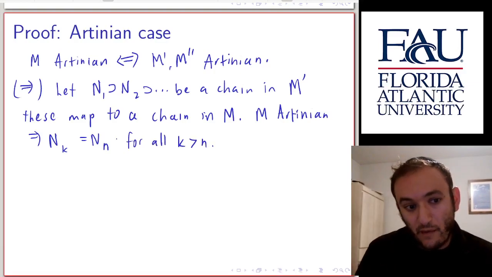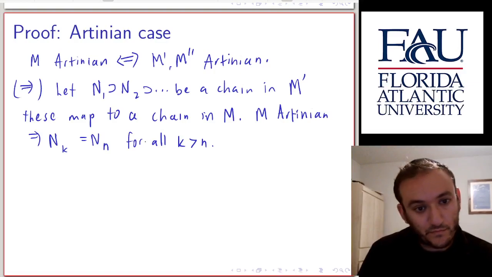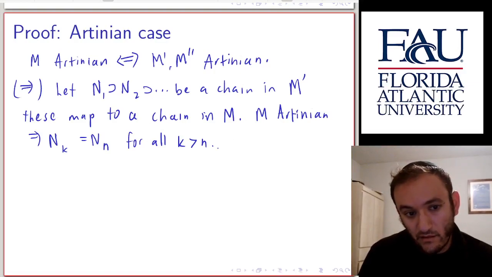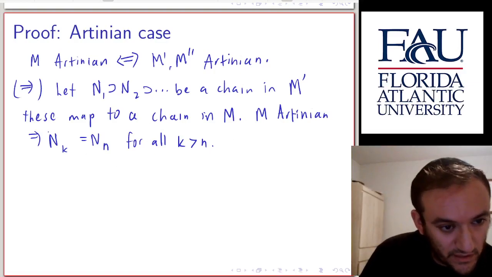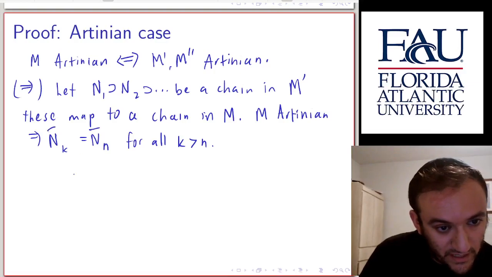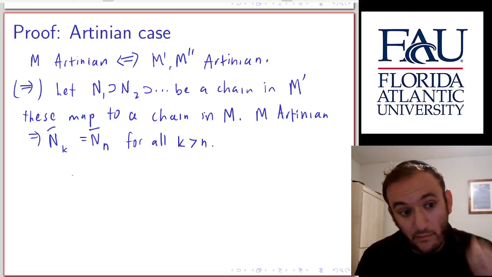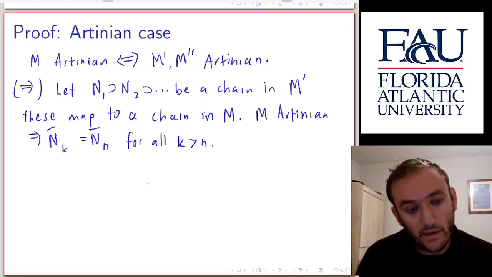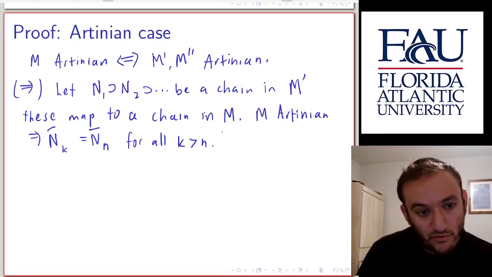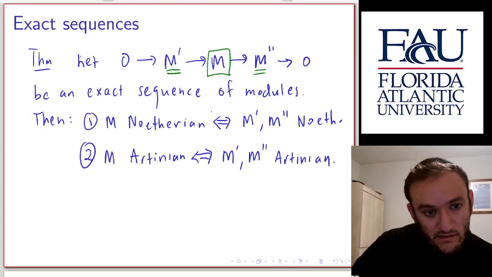But we know the map into M, maybe let's put a bar to indicate that it's the image of the map. Let's give these maps names.